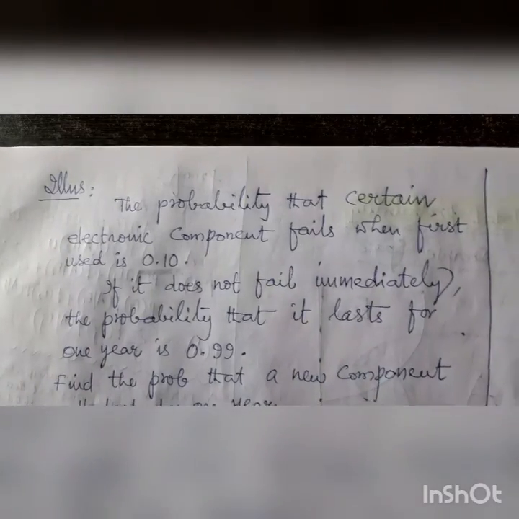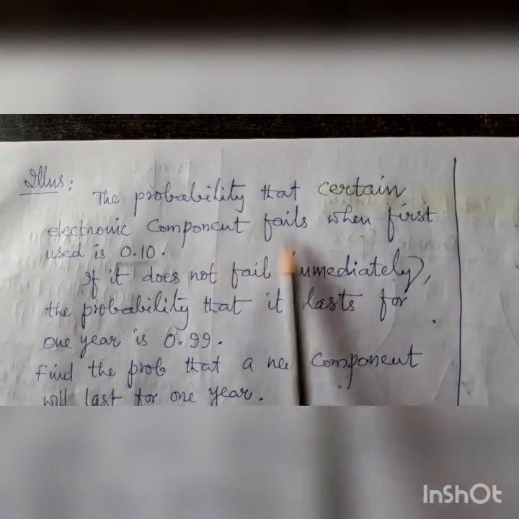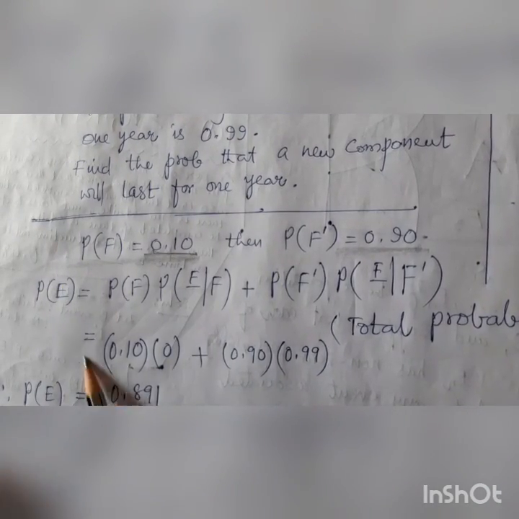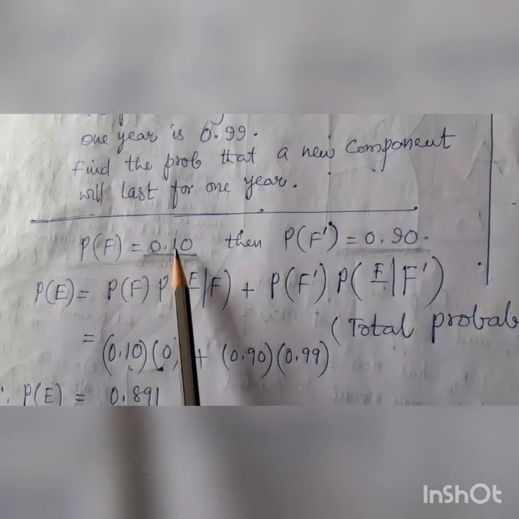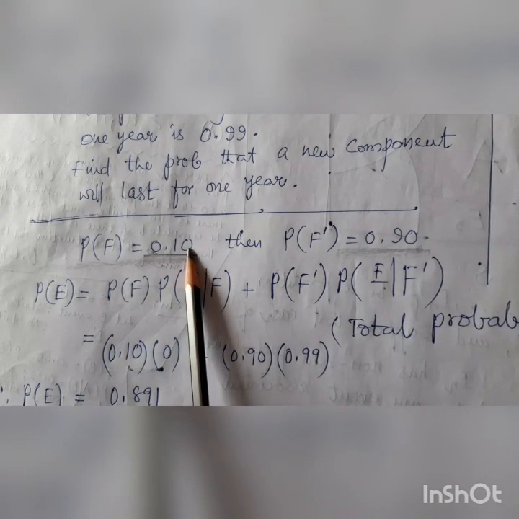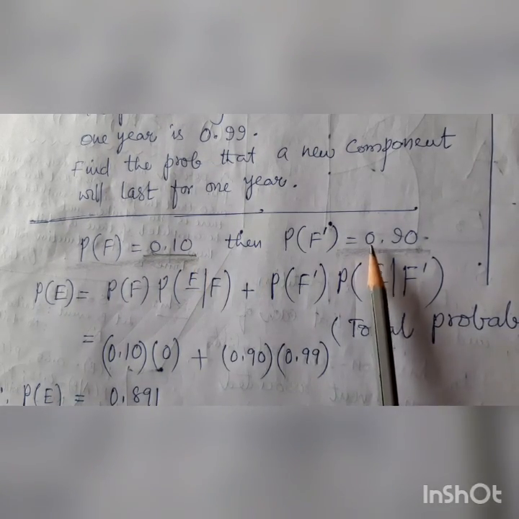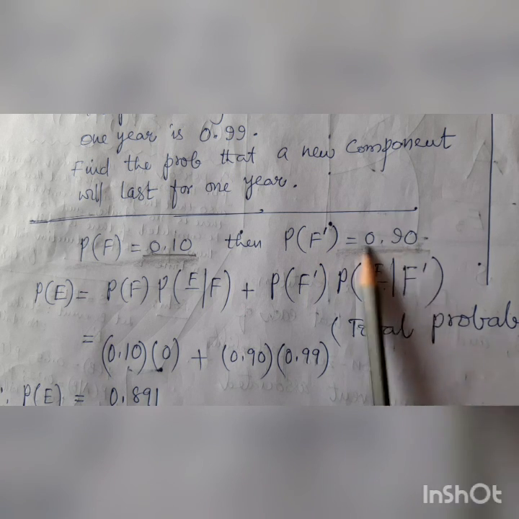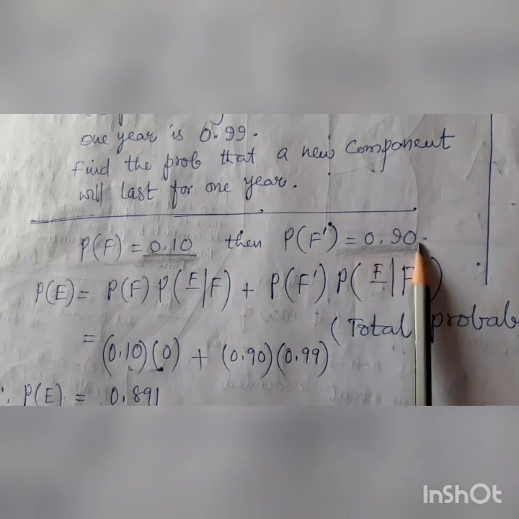So the failing probability is 0.10, and lasting in that case is 0. This is F dash, which will not fail to work, 0.90.